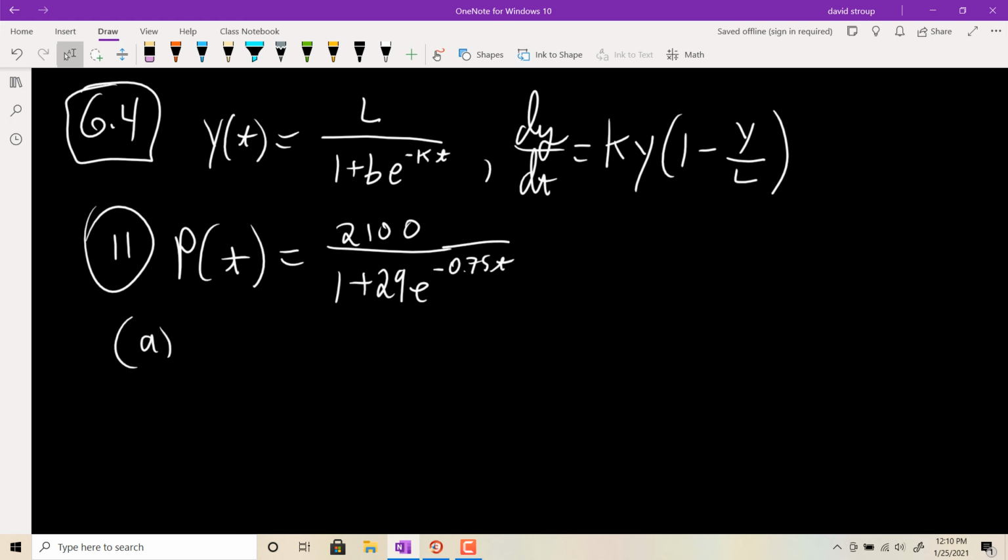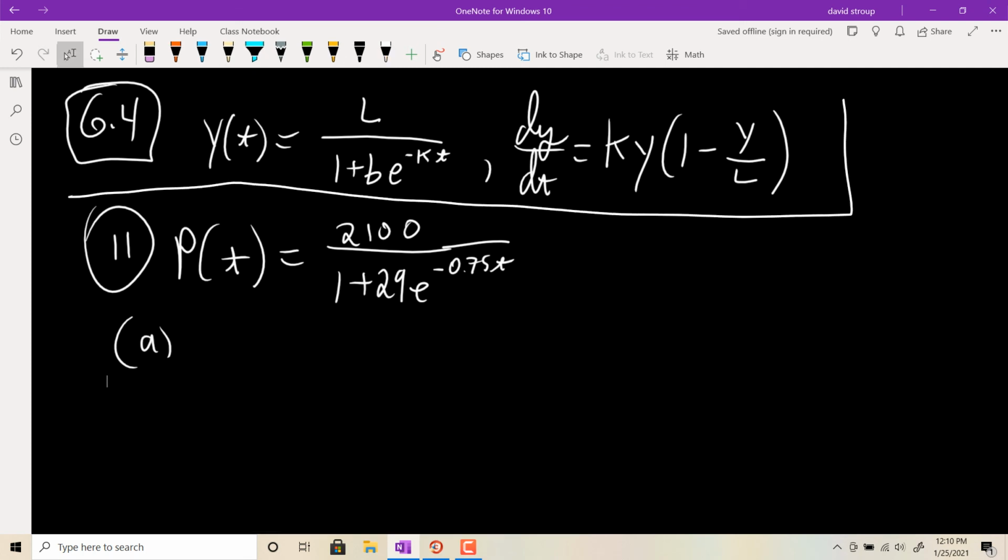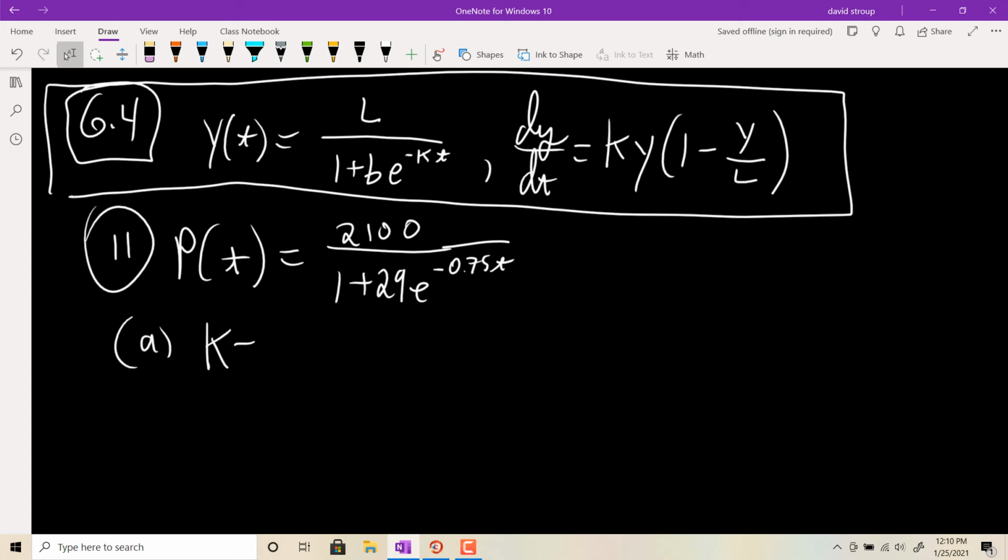And a lot of these questions are just identify K, identify L. So you're only going to be given the logistic equation, okay? And you have to identify the bits and pieces. So part A, they want to know what K is. K is just the 0.75 without the negative, okay? That negative is in the formula. The K is without the negative. The limiting capacity, L, is in the numerator. That's 2100.